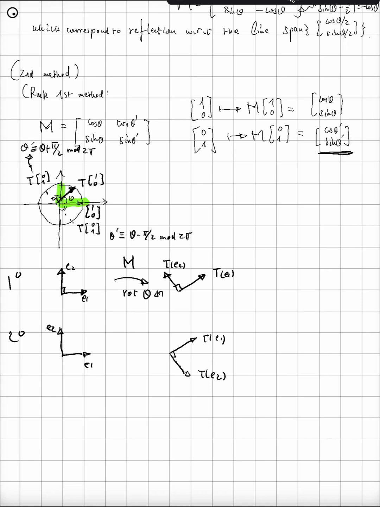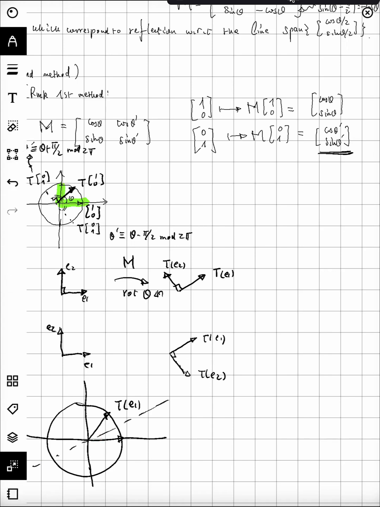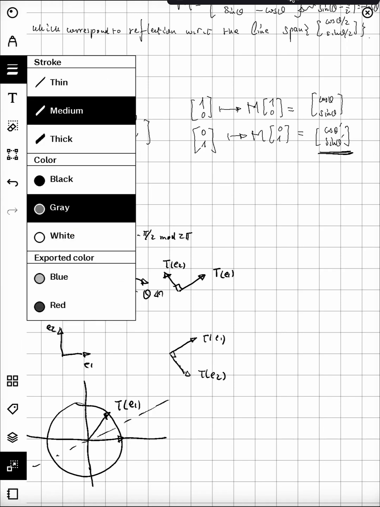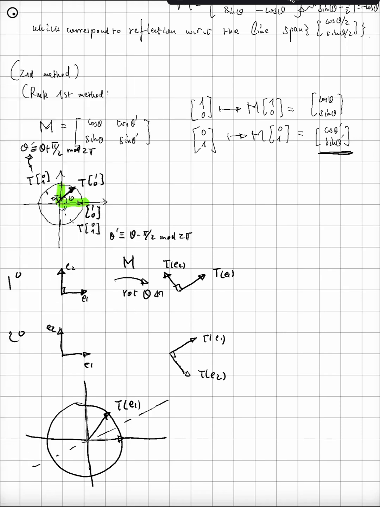Maybe it's better to put it on the unit circle again. You see that this is your TE1, this is your previous E1. You're doing the reflection with respect to this. And so your triangle, this reflects to this, and this reflects to this, which means these two are the same angle.